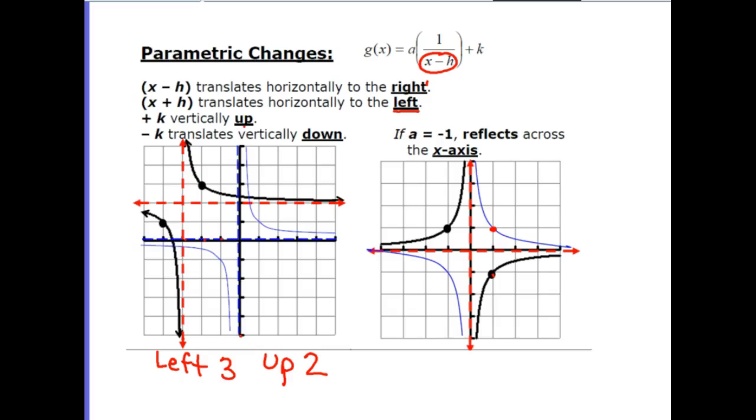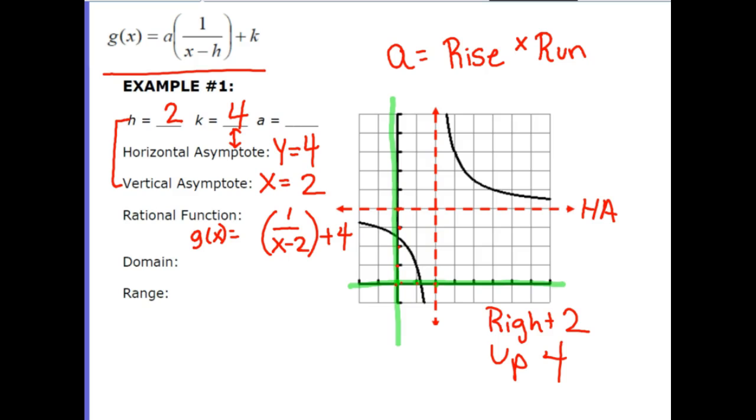Well, let's look over here on our example number 1. I've got to find a pretty point here. This is a pretty point, and I rise up 1, 2, 3, and run over 1. A is equal to 3 times 1. The A is equal to 3. It's had a stretch of 3.